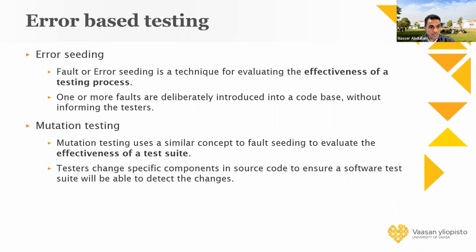As we said, the first method is error seeding. What is error seeding? Actually, someone adds some errors in your app. Not you, actually. If you are the tester, it should be your manager or your developers who add some errors in your application, and then give it to you without telling you that they added errors.